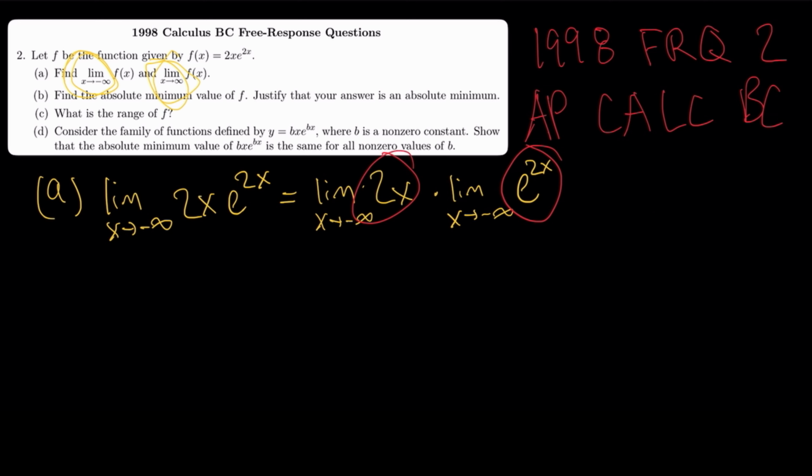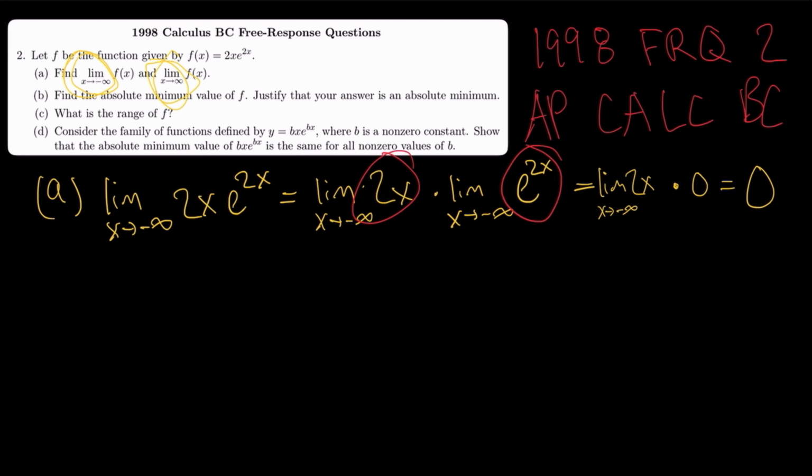So quite simply, we will have a 0 for the second part of our limit, and we will have an infinitely large number for the other part. So we could just write the limit as x approaches negative infinity of 2x times 0 equals 0. And that is the first part of this problem.